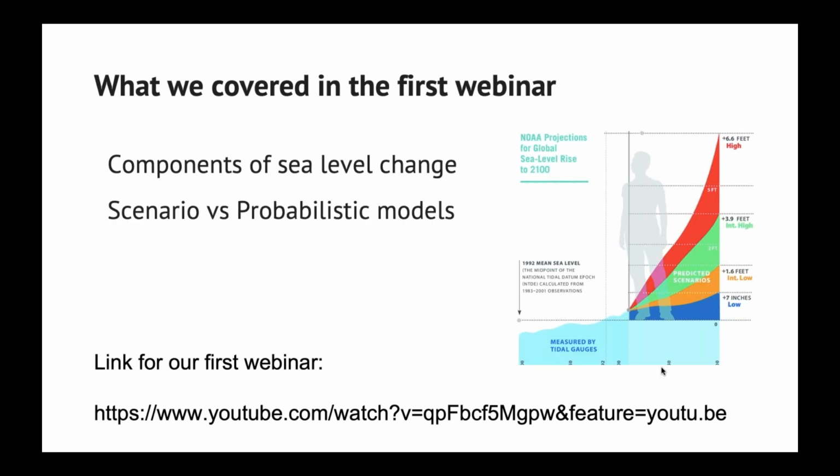We also talked about the differences in scenario versus probabilistic models for sea level rise and what that means. And then we provided an example in Washington State where we've developed the probabilistic models for sea level rise projections, and are now incorporating that into various planning processes.